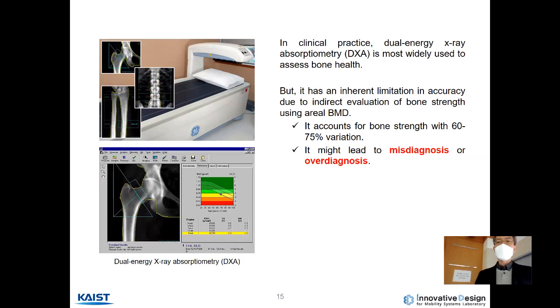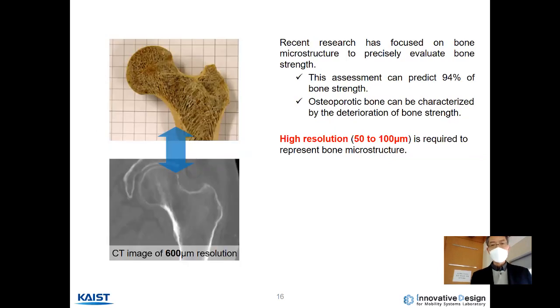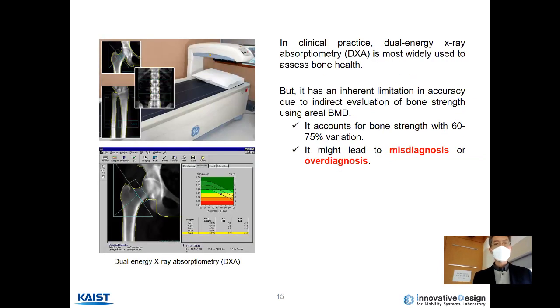In clinics, we use DEXA to assess our bone health. You may have seen this kind of imaging device. When we use this, we can measure the average bone mineral density for the given areas.